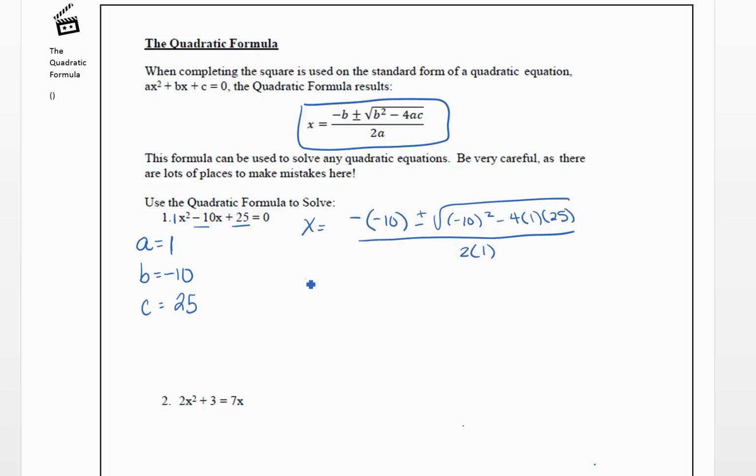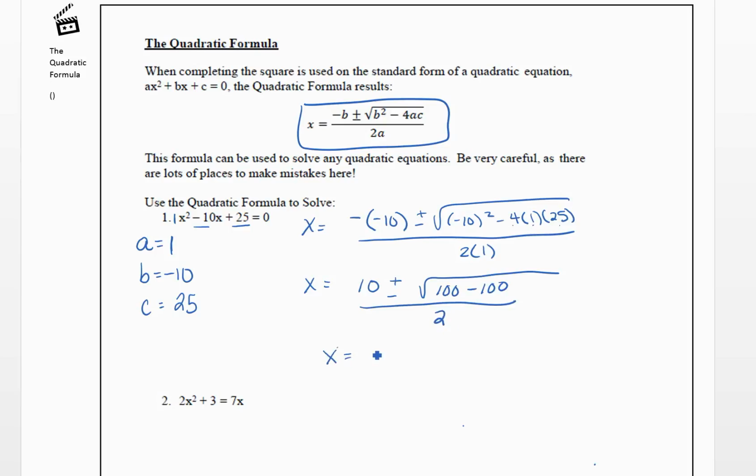Okay, now you want to make sure you use order of operations and everything to solve it, so we have negative 10, so that'll just be positive 10 plus or minus the square root, so negative 10 squared is 100, minus 4 times 1 times 25, that's going to be 4 times 25 or 100, all over 2 times 1 is 2.